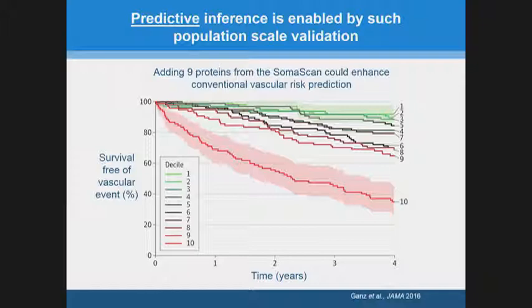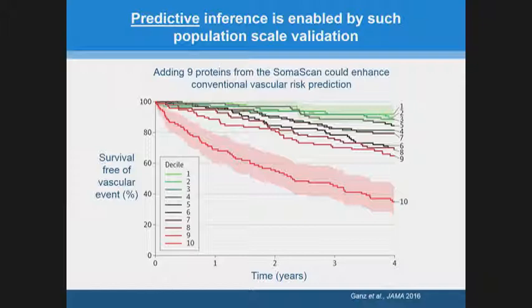Now, putting biology aside for the moment, if you're just interested in risk prediction, you can take that validation that I showed you and try to make inferences about how this protein panel or subset of the protein panel can improve prediction of a chronic condition. In this case, the recurrent risk of cardiovascular disease.